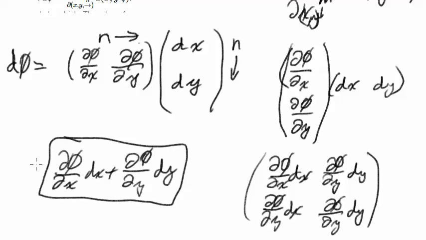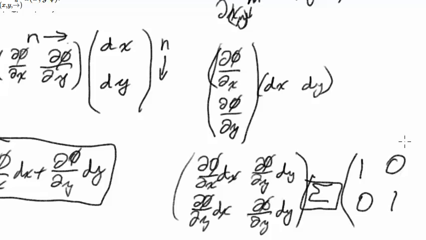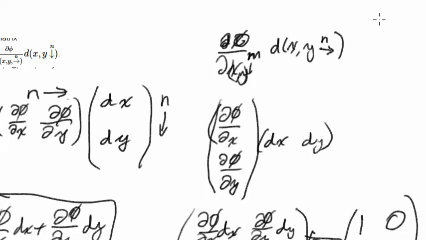But you can see that if you wanted to take something like this and get this, you could take something I'm calling the sum of products, which I have been indicating as a capital sigma with a square around it, times the identity matrix. So this term over here would pick out, you would write this as sum of products with the identity matrix, with the, what is it called?